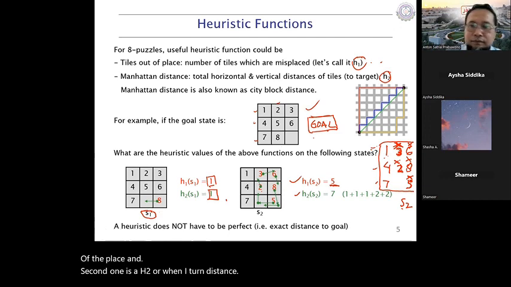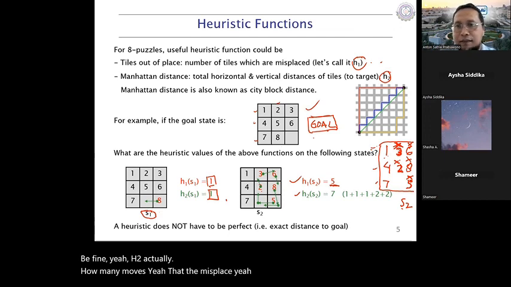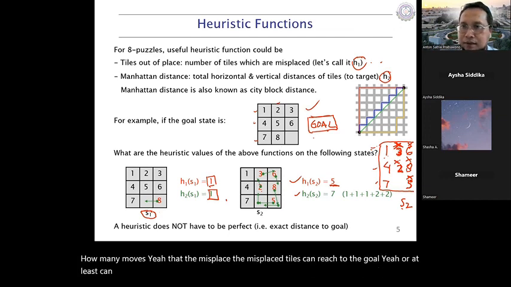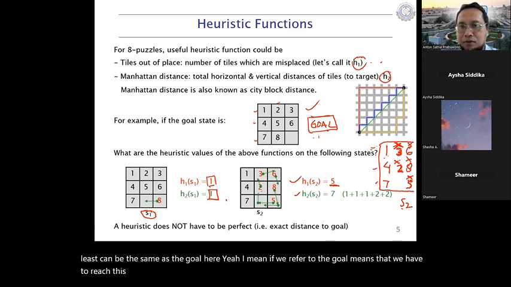So for H2, we find how many moves the misplaced tiles need to reach the goal. If we refer to the goal, it means we have to reach this goal. So how many moves? This is how to count H2.